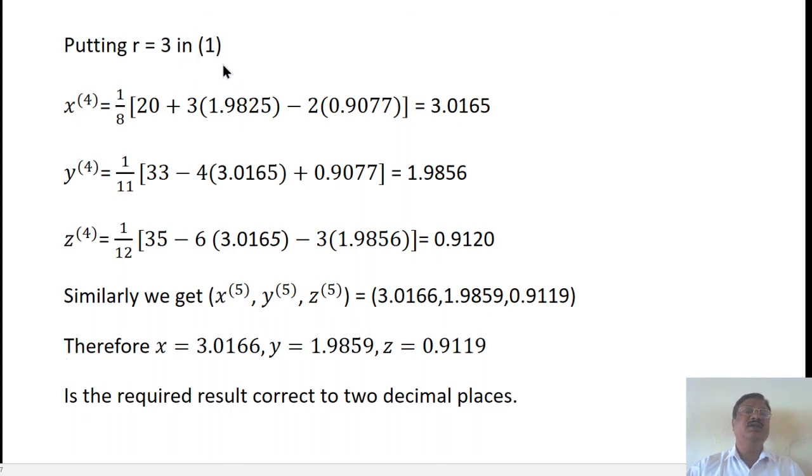So now r is equal to 3, the fourth iteration we are getting in 1. So x raised to 4 is 1 upon 8, 20 plus 3 into the previous value of y and minus 2 into the value of z, which will give you 3.0165. y raised to 4 is 1 upon 11, 33 minus 4 into the recent value of x plus the previous value of z.